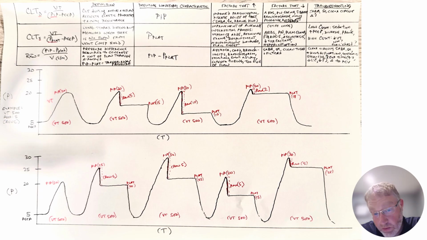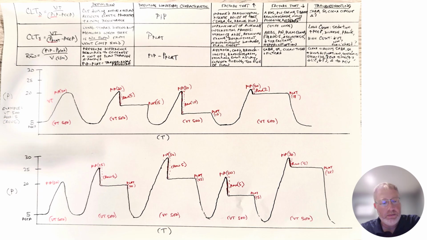And then your Raw, that's the difference between the PIP and the plat divided by your flow. Resistance of the airways refers to pressure differences that are required to generate any unit of flow through the airways. So your PIP minus your plat is actually your transairway pressure, going back to 107.